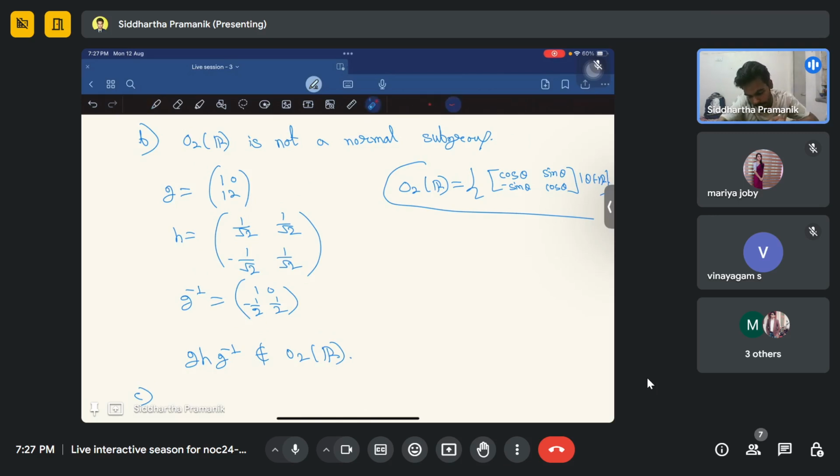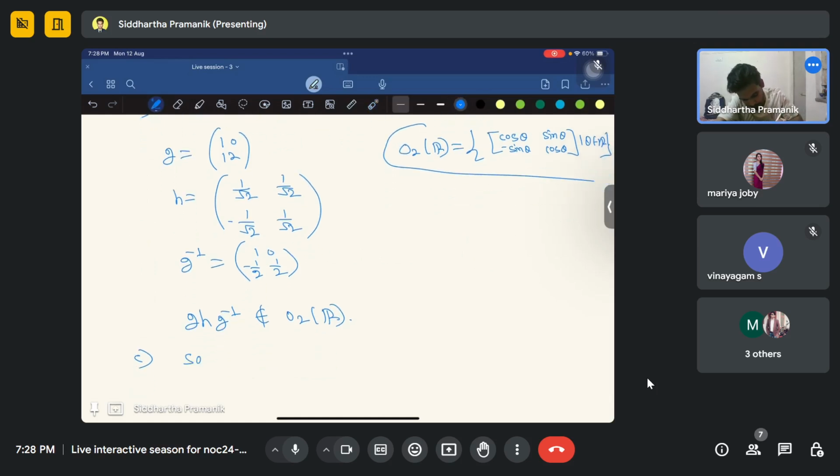Look, if we take the same example, this h has determinant 1 and it is an orthogonal matrix, so it is in SO2(R). But this g h g inverse is not even in O2(R), so it cannot be in SO2(R). So the same example works. So we can directly say SO2(R) is not a normal subgroup of GL2(R).